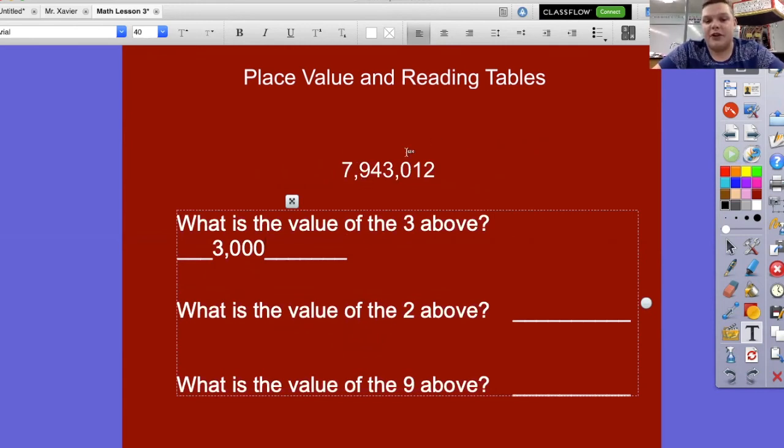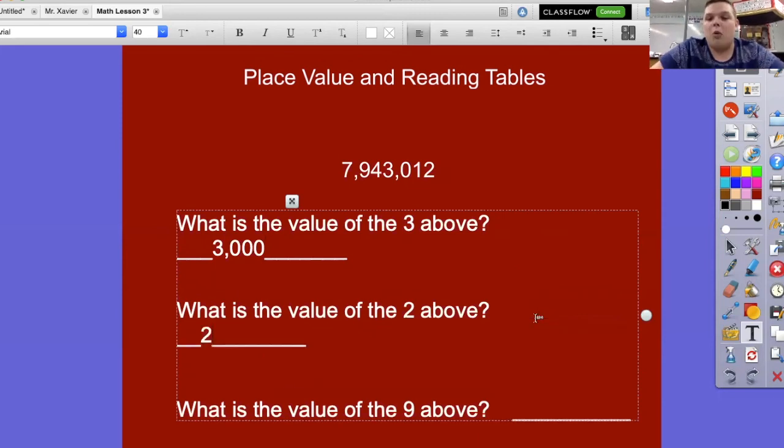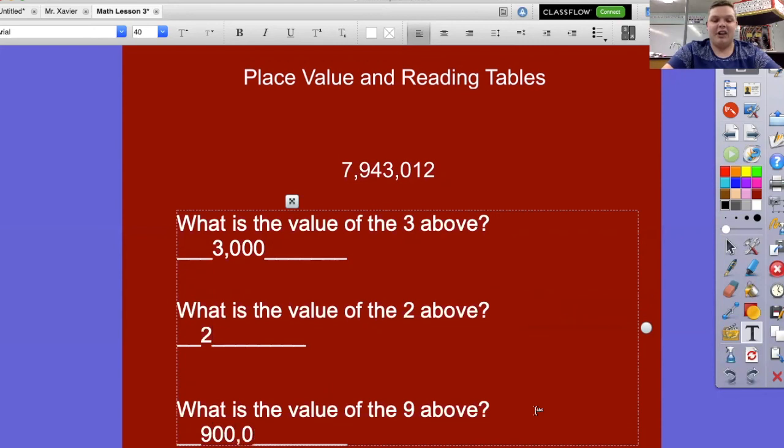It's in the first bracket, in the ones. So the value of the 2 is 2. What is the value of the 9 in the number above? The 9 is in the thousands bracket. And if I count from the right, it's ones, tens, hundreds. So that is the 100,000s place, but it's 9 of those. So that's 900,000. Hopefully this helped you with the place value.